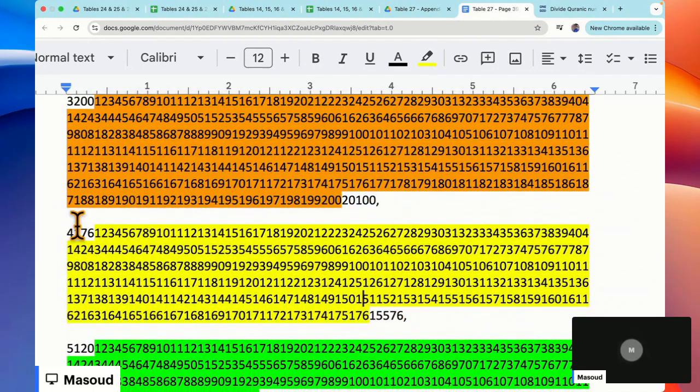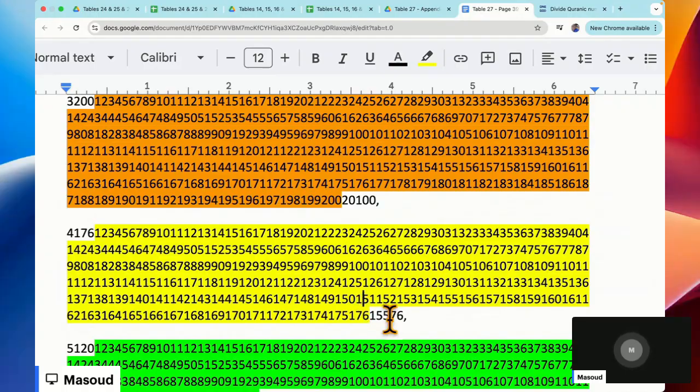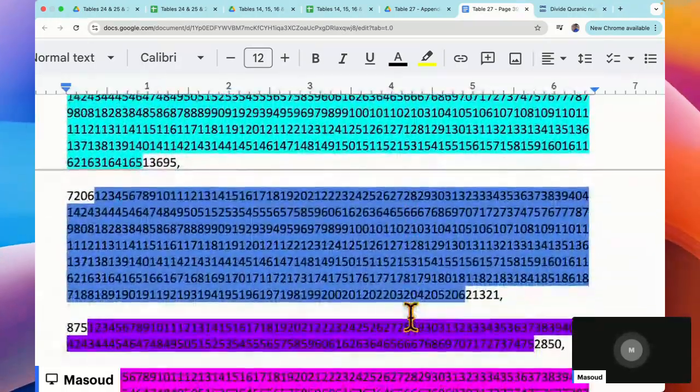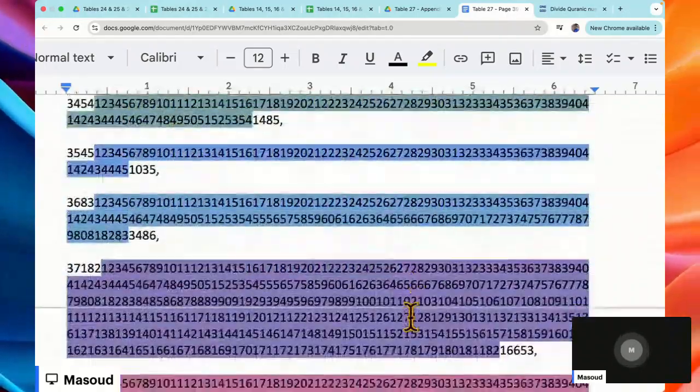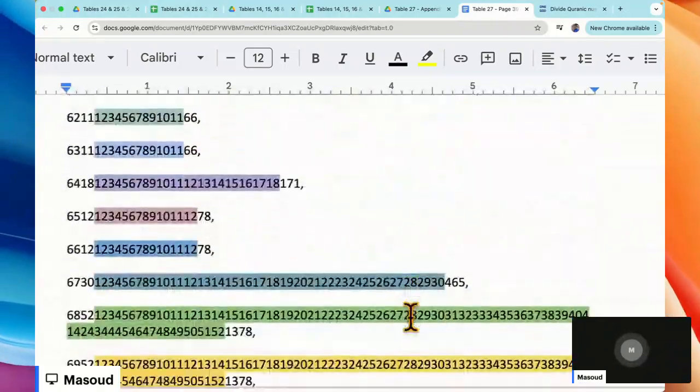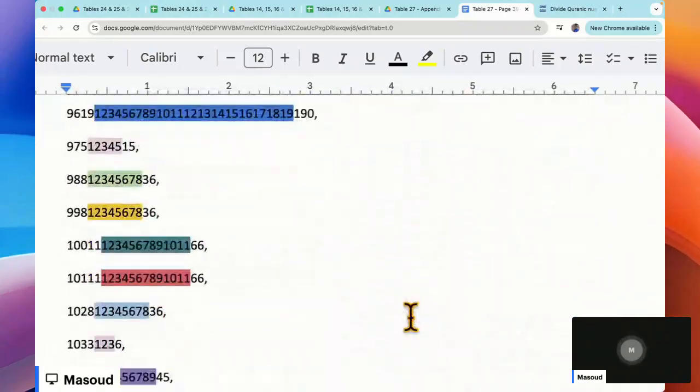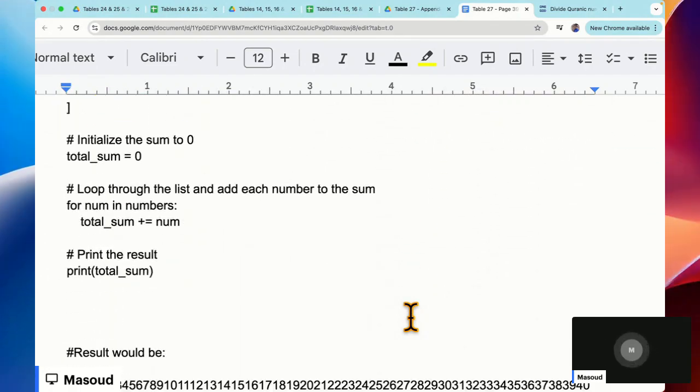Chapter 4, number of the verses, all of them individually, and the sum, and so on and so forth. You go till the end of the Quran, and you're going to be able to have all of them. And I have prepared it for you here. You can take a look at it. It's going to be magnificent for you.